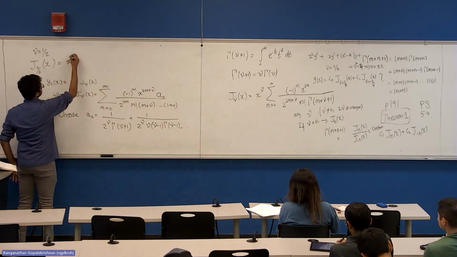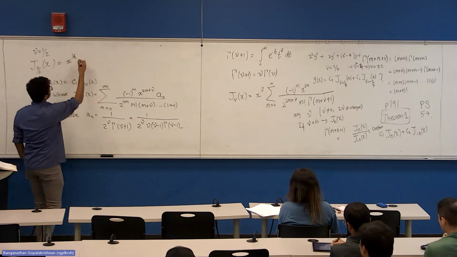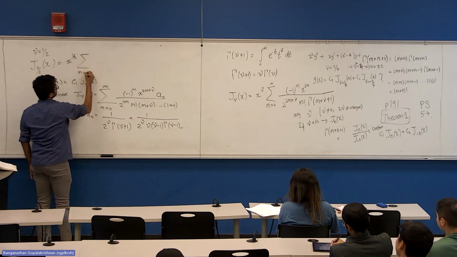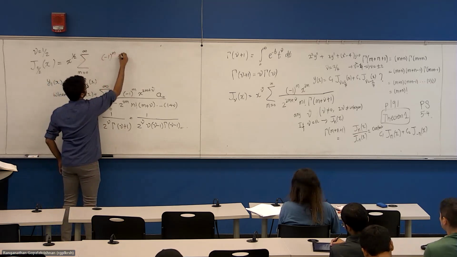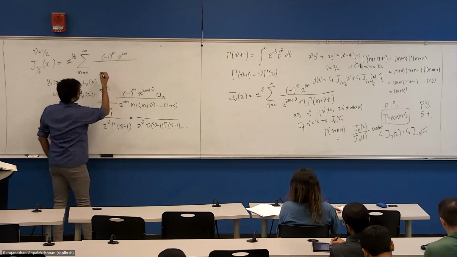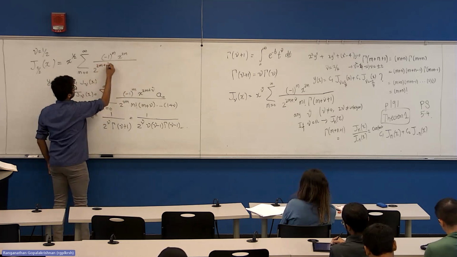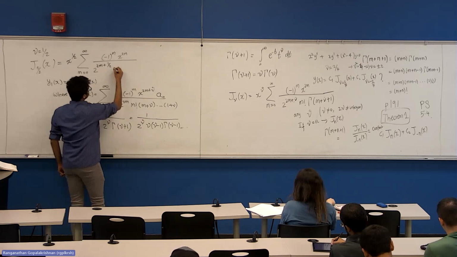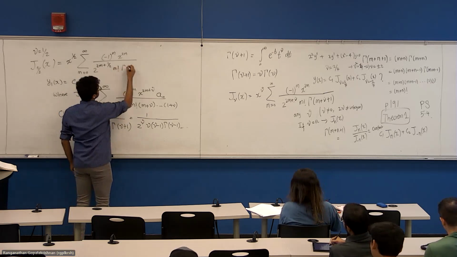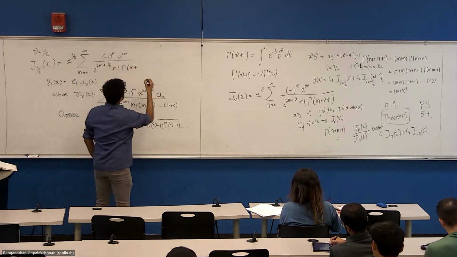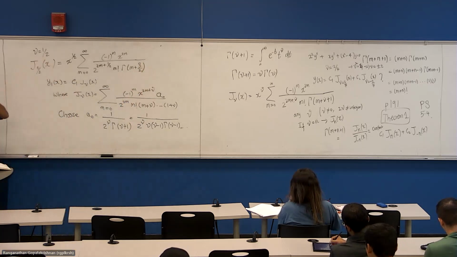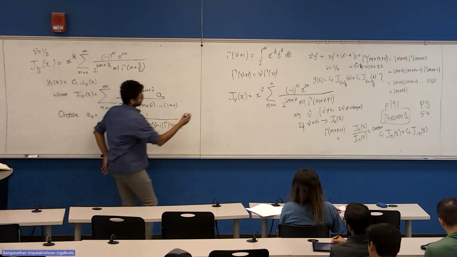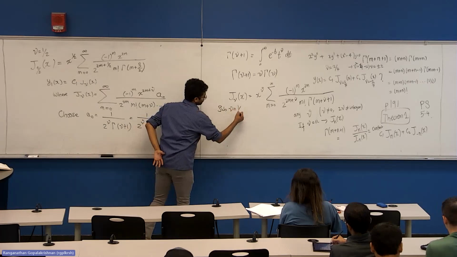So this is x to the power half multiplied by the sum over m from 0 to infinity of minus 1 power m x power 2m over 2 power 2m plus half times m factorial times gamma of m plus 3 by 2. This is the starting point. Agreed? If I take this and substitute nu equals half.